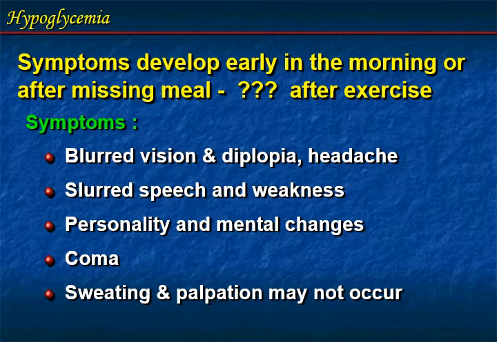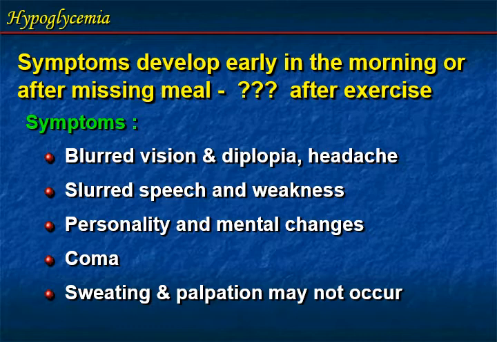The first cause is depletion of the counter-regulatory hormones. The prolonged use of the counter-regulatory hormones, such as growth hormone, thyroid hormone, epinephrine, norepinephrine, and glucagon for a long time will deplete the stores. So the number 1 cause of sweating and palpitation not occurring is defective or diminished release of counter-regulatory hormones.